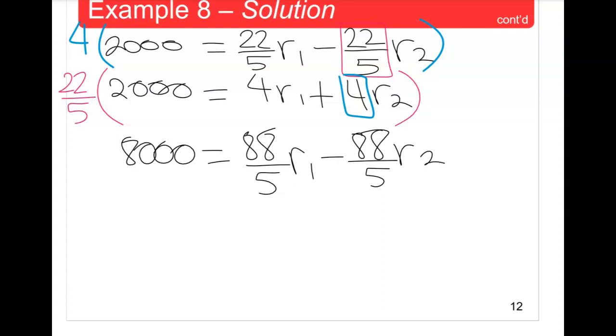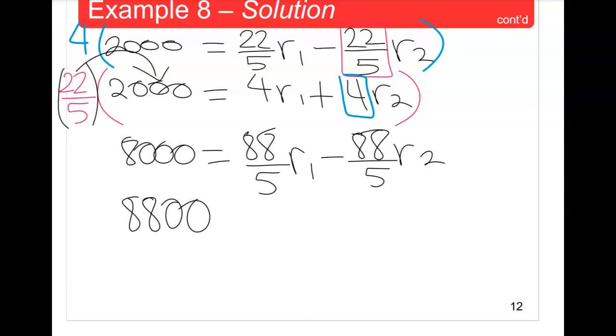Now we are going to do the same with the second equation, distribute the constant. 22 fifths times 2,000, we multiply 22 times 2,000. That gives us 44,000, and we can divide by 5 and we will get 8,800 from this product.